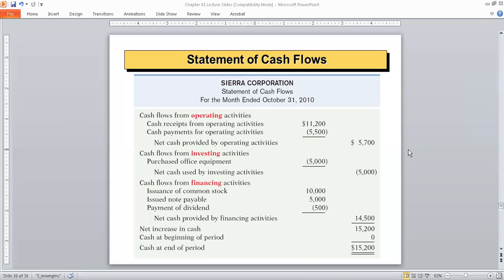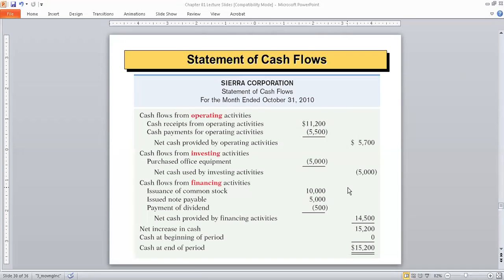On most of our other financial statements, the income statement, the retained earnings statement, the balance sheet, we don't see numbers in parentheses very much, because on accrual-based financial statements, numbers in parentheses are mostly indicating negative values. On a statement of cash flows, however, the numbers that are in parentheses are indicating outflows of cash.